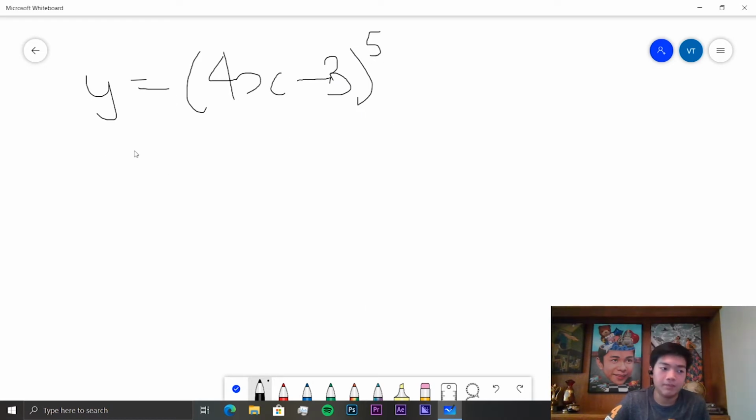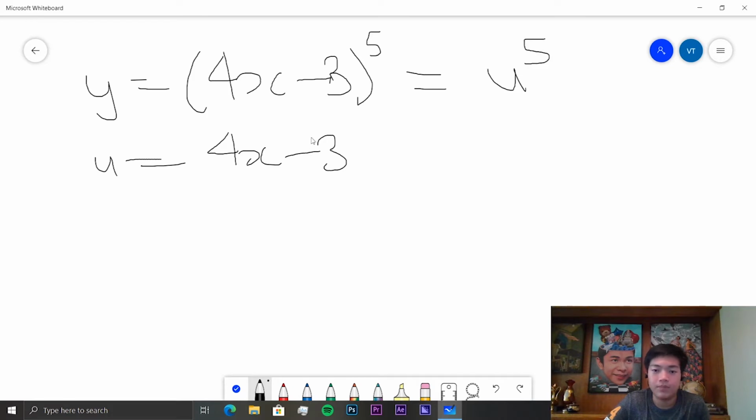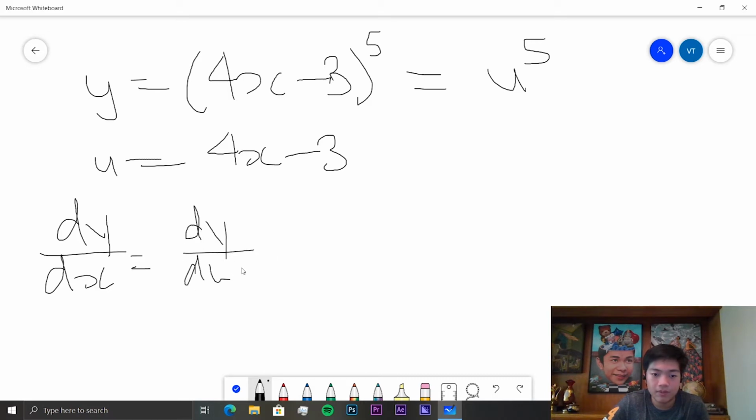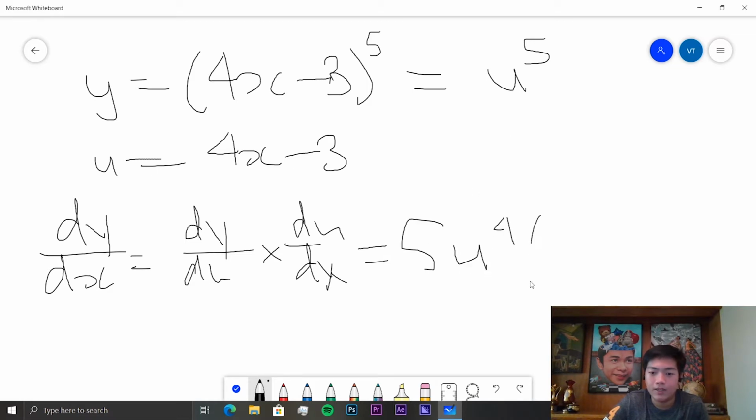If you're doing this function, let's label u as 4x minus 3. And so y is also equal to u to the 5. Using the chain rule, dy over dx is equal to dy over du times du over dx, which is 5u to the 4, times du over dx, the derivative of this, which is simply equal to 4.